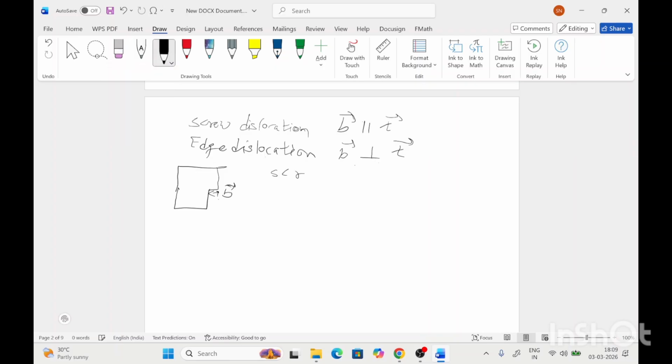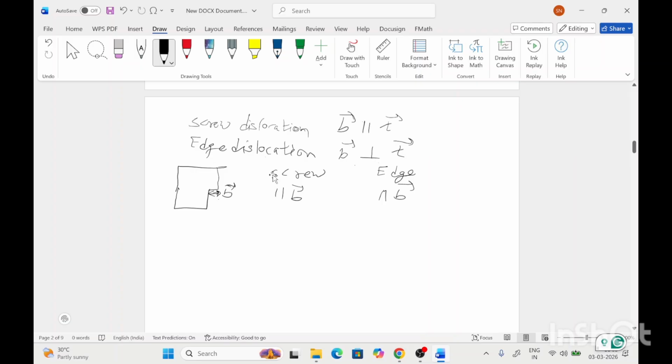For screw dislocation, the step is parallel to the Burgers vector movement, and for edge dislocation, it is also parallel to the Burgers vector movement because it is in the path of the Burgers vector only.